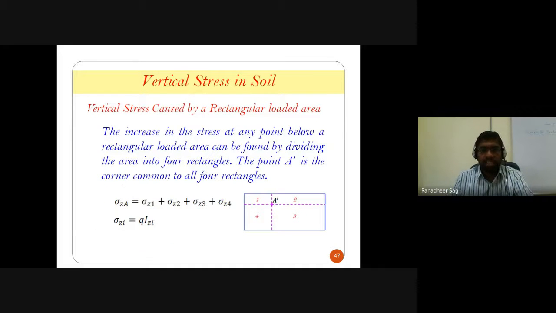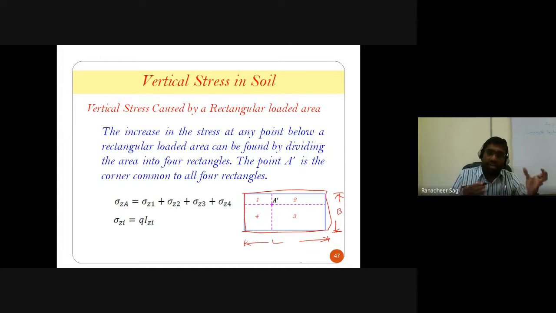Let us quickly understand. Let's say this is my rectangular loaded area, whatever is indicated here. This indicates the length of that rectangular loaded area. This indicates the width of the rectangular loaded area. Now, what we said is the expression from the derivation by Boussinesq is valid with respect to any of the corner points only.